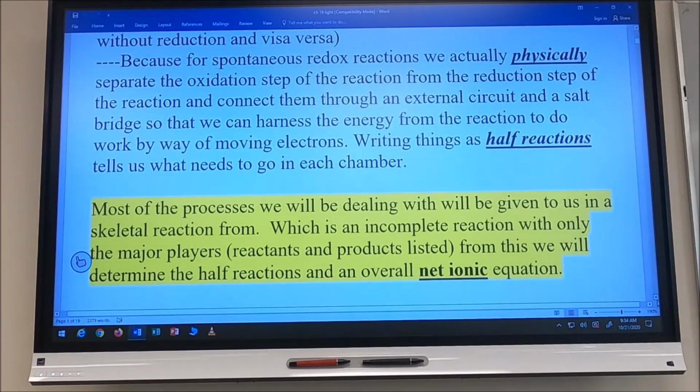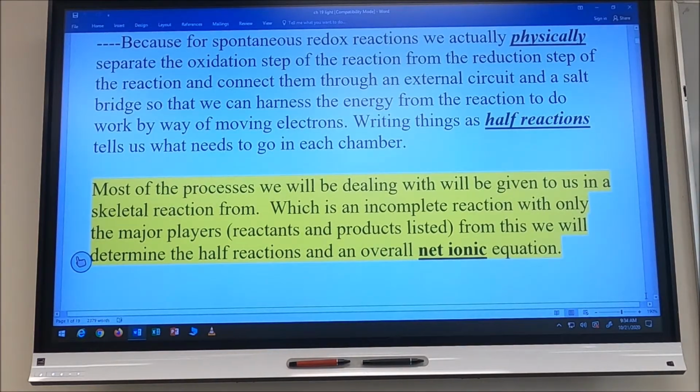Now, even though these two processes are linked, one can't happen without the other, we can, in situations, physically separate the oxidation half reaction from the reduction half reaction. And we do this when we want to derive energy out of the reaction as electricity.